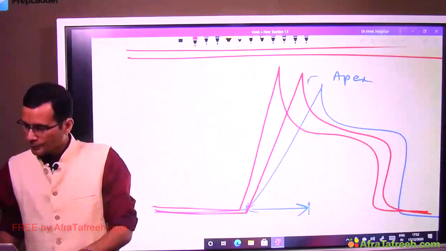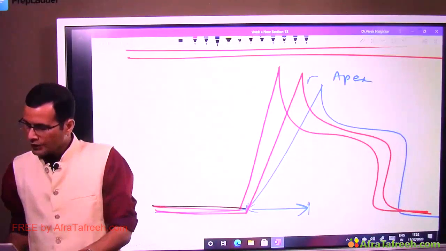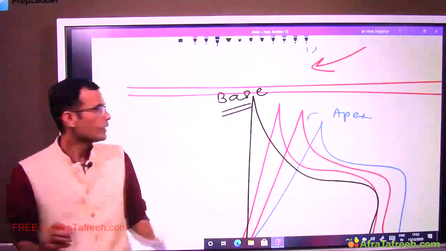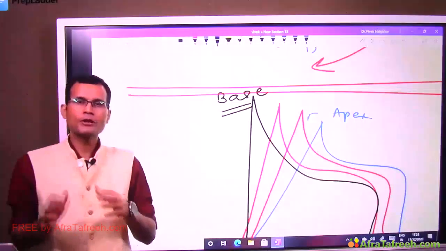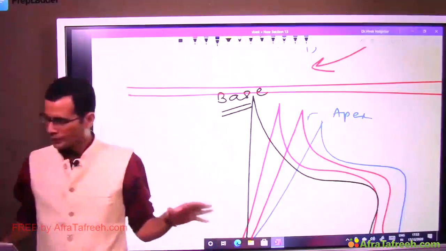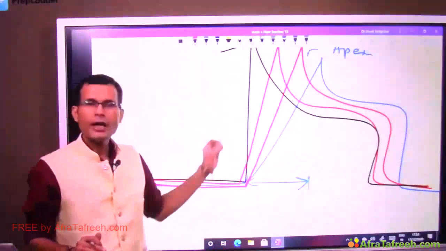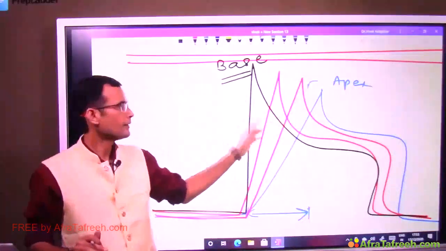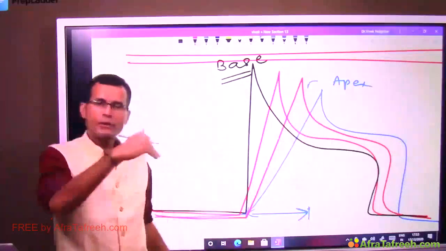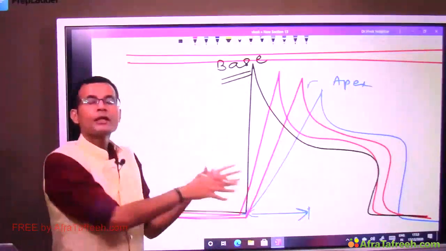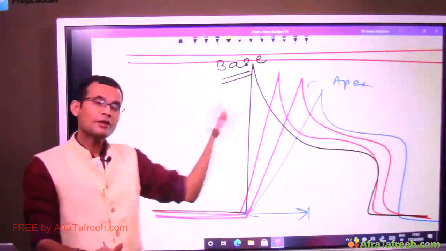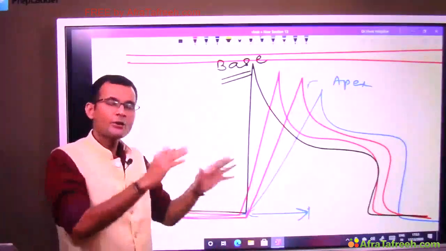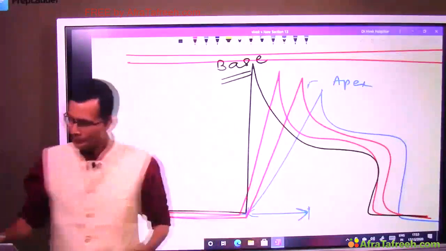And finally, the fiber at the base will be the most rapidly depolarizing cell. The moment the depolarization wave reaches the base, that cell will very rapidly complete the depolarization and it will begin to repolarize, and then it will happen in the reverse. So this is why depolarization and repolarization can go in the opposite directions.